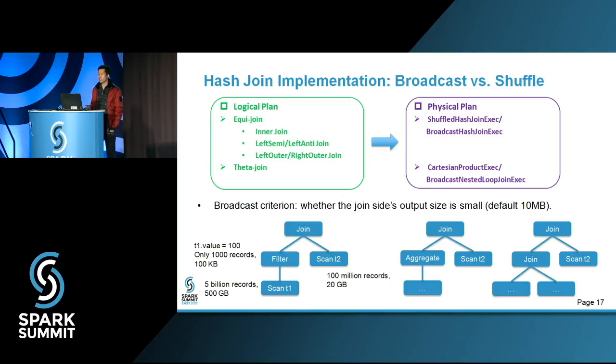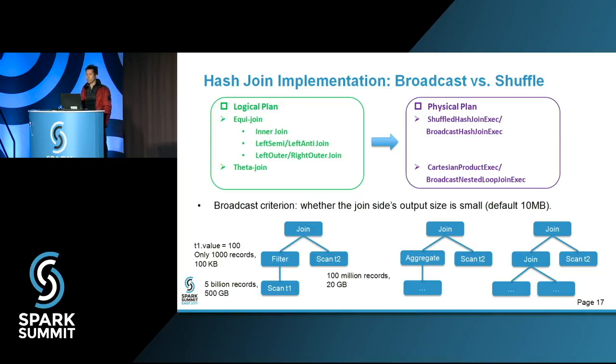Besides build side selection, there are many other decisions we need to make among those candidate physical plans. For example, in Spark SQL, for hash join, we have 2 implementations. One is broadcast hash join, and the other is shuffled hash join. As we know, the shuffle operation in a distributed system is very costly.